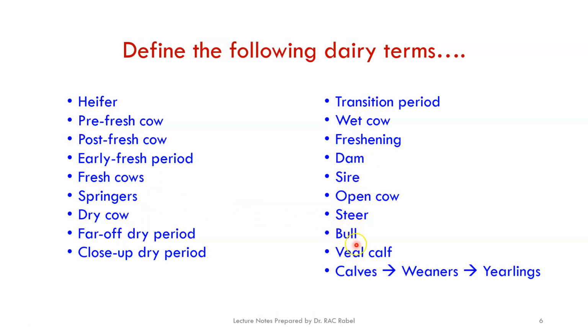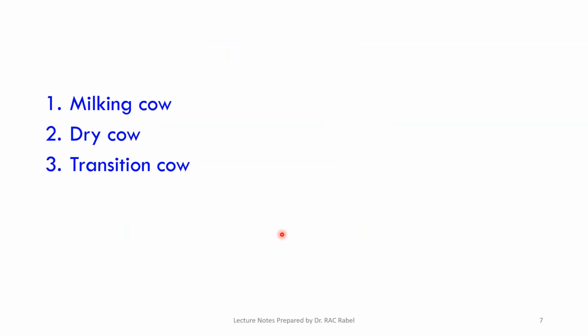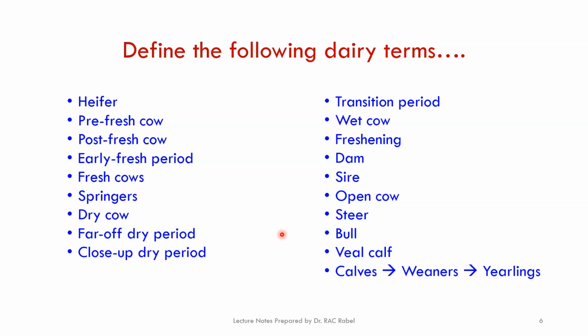Transition cow, steer, bull. These are some dairy-specific jargon that you have to be familiar with. We can always quiz you on these terms, and you might see them in exams also.